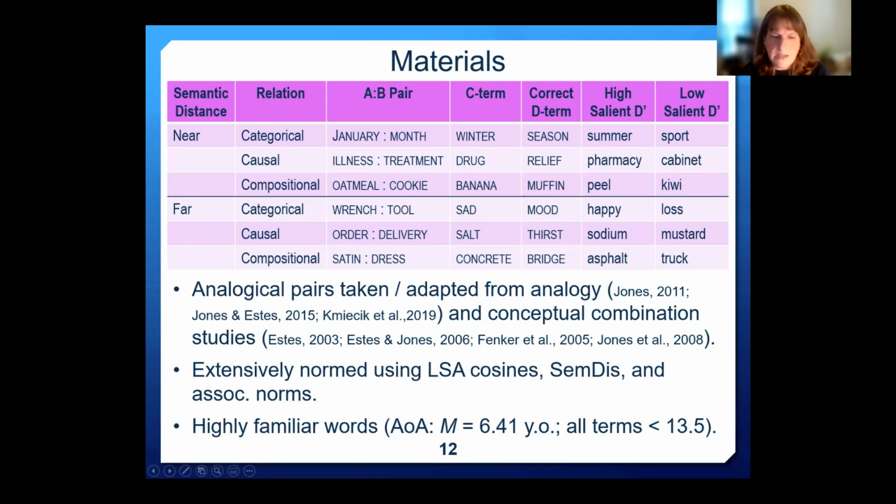And with these studies, I want to take the vocabulary knowledge of the terms out of the equation. So all of the terms, all of the answer options, all of the A, B, C, and D terms, all of the analogies were words that had been acquired by age 13 and a half, with the average age of acquisition being 6.4.